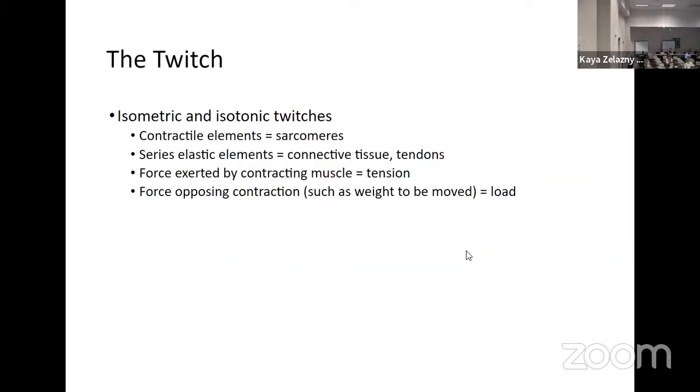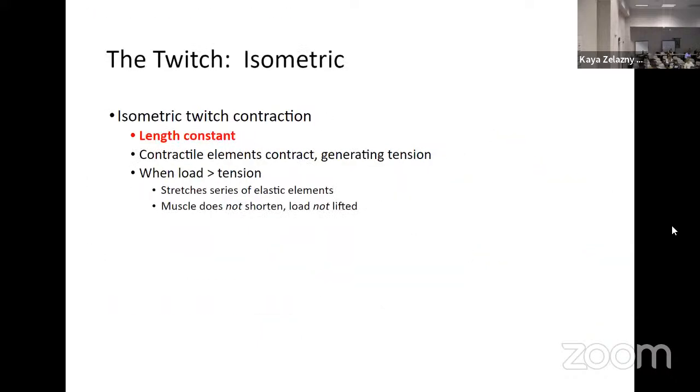Okay. All of that is to say, when we're defining these isometric and isotonic twitches, we are comparing whether we're able to move that load. So we can move a load if our tension in the muscle is greater than the load that we're trying to move. Basically we have to be strong enough to lift the load. You still contract if you don't lift it.